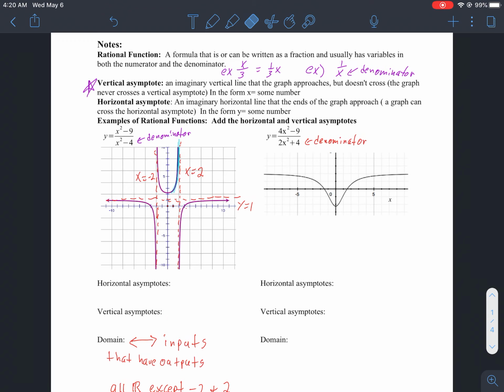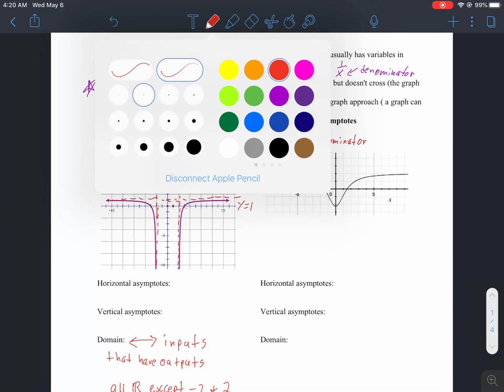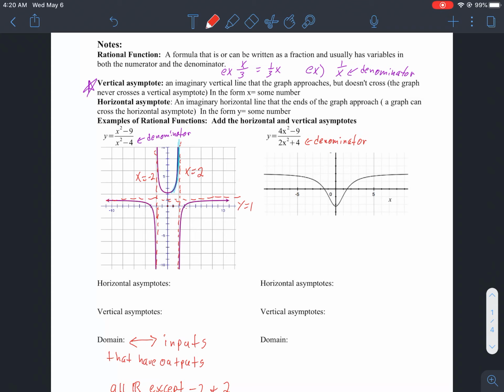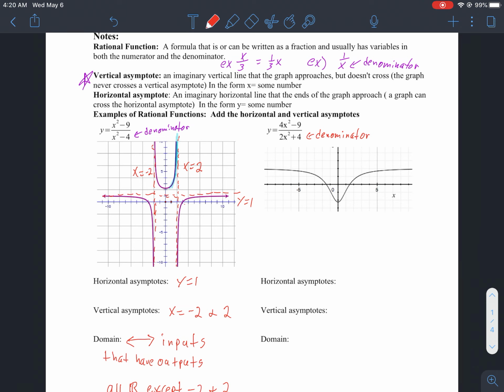Okay, I switched my vertical and horizontal, sorry. Horizontal was y equals 1, and vertical is x equals -2 and 2. So sorry about that. I had to just change that to the correct spots. Okay, I usually list my vertical asymptotes first, but this one I didn't.